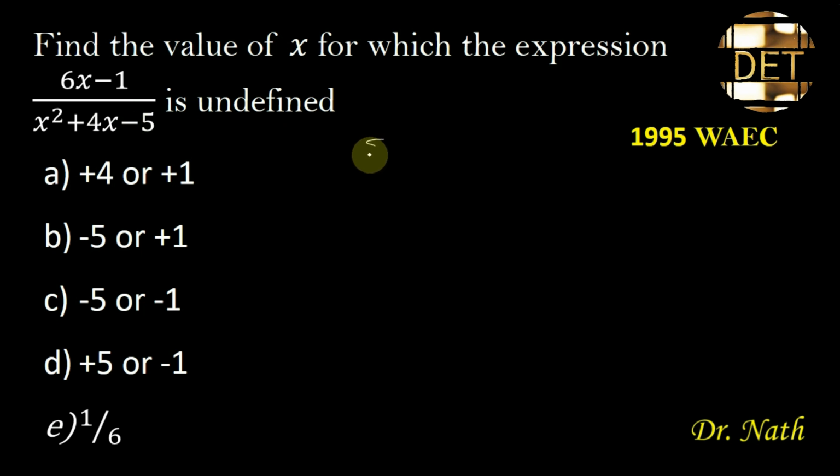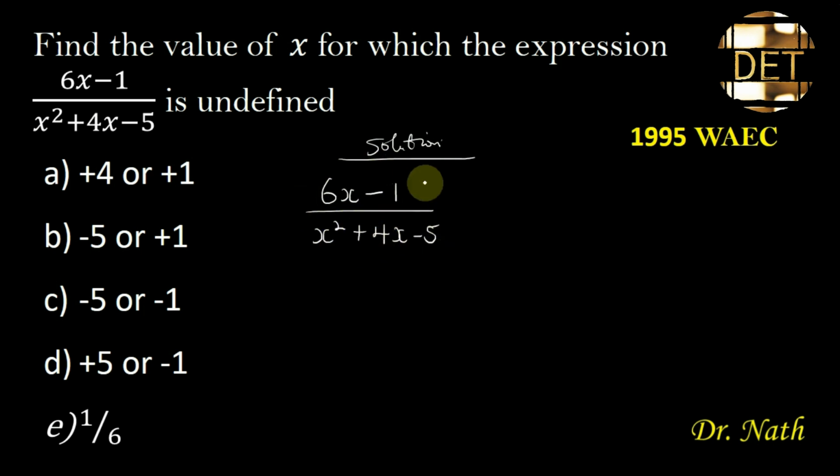The expression that we have here is 6x minus 1 all over x squared plus 4x minus 5. So for it to be undefined, x squared plus 4x minus 5 must be equal to 0.